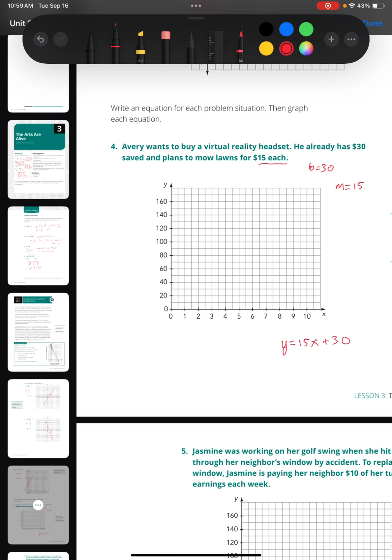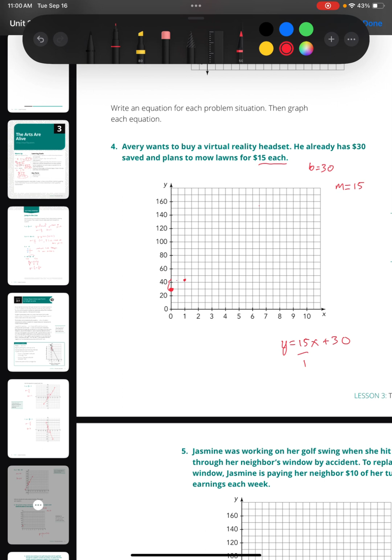So if we graph that, we're starting at 30, and we're going up 15, right 1. This is counting by tens: 10, 20. So to go up 15, it's going up 10, and then up 15 would be one more half of a unit, and then right 1. So we'd be moving over to about right there.